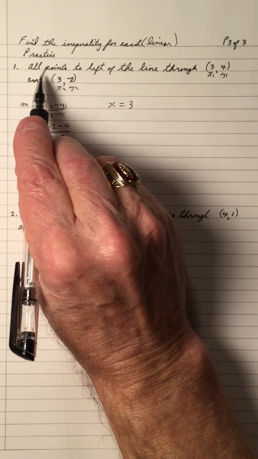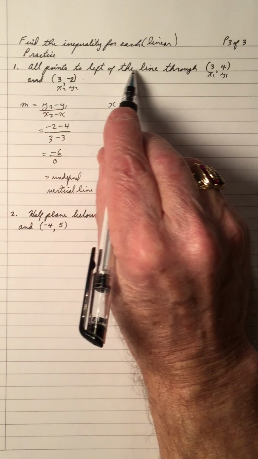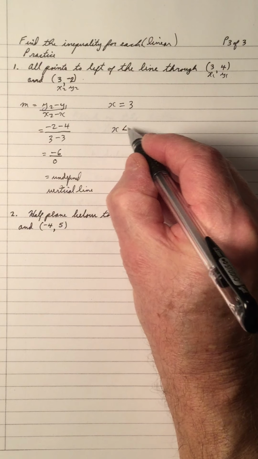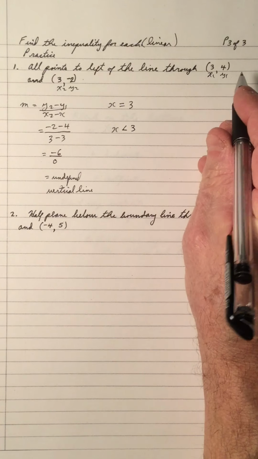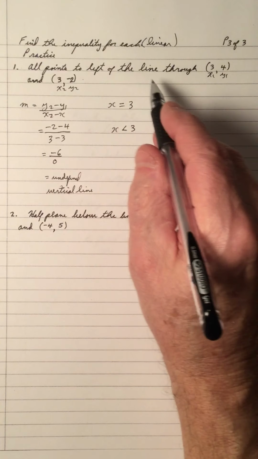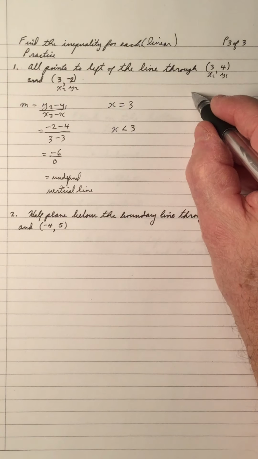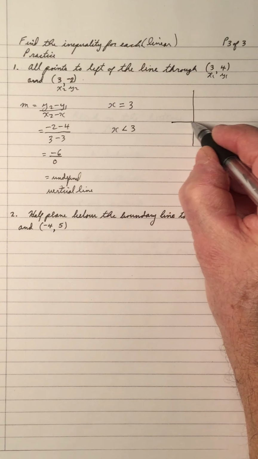Now I want to look at the inequality. All points to the left of this line are less than, in terms of the inequality. Let's look at that a little bit further.